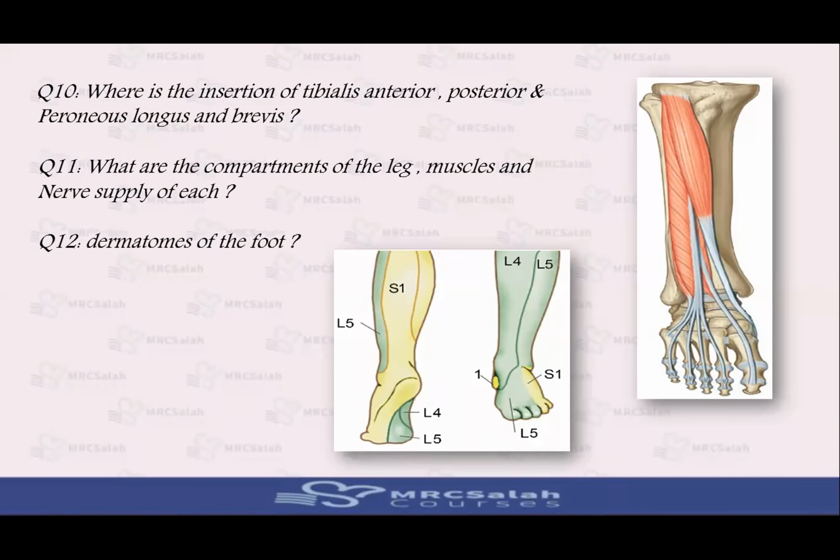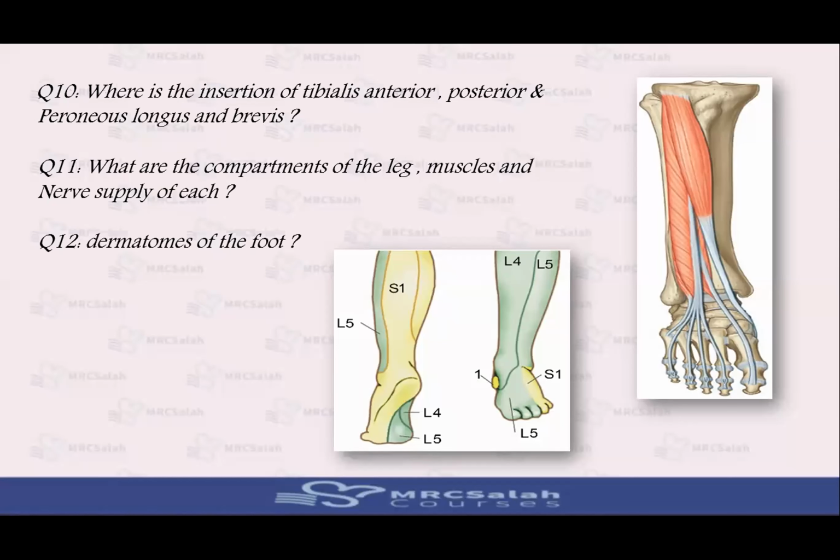Dr. Mansour, can you tell me the muscles in each compartment? Yes, in the anterior compartment, the tibialis anterior, extensor hallucis longus, extensor digitorum longus, and peroneus tertius. In the lateral compartment, the peroneus longus and peroneus brevis.